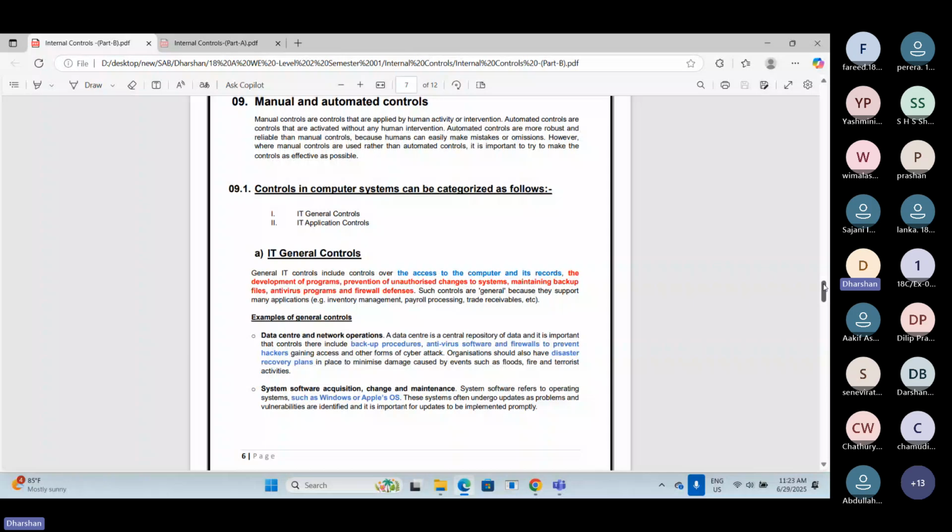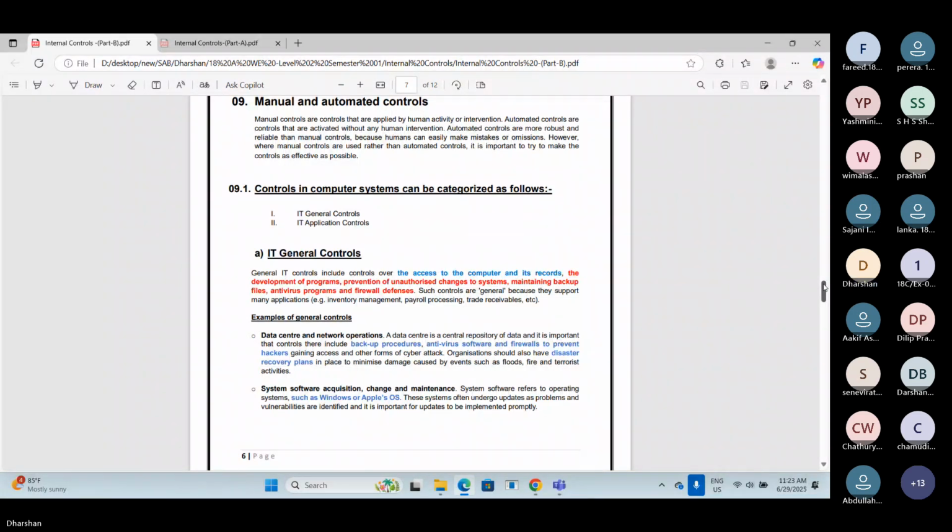For WhatsApp, a separate password and username. For mail, a separate password and username. Likewise, for each and every app, you have separate usernames and passwords. So if a specific app has a specific username and password, that is called an application control. Each and every app has separate controls, so those controls are considered application controls. The phone unlock password is considered a general control. Clear? I hope you have understood.